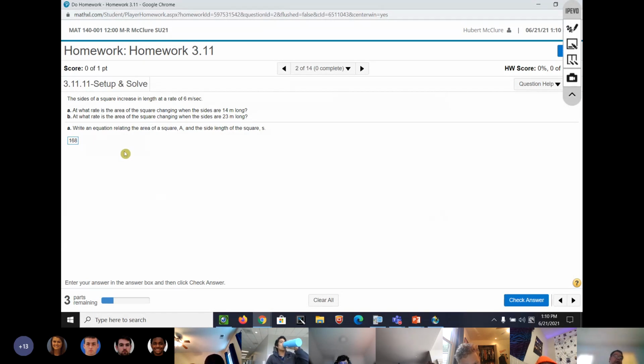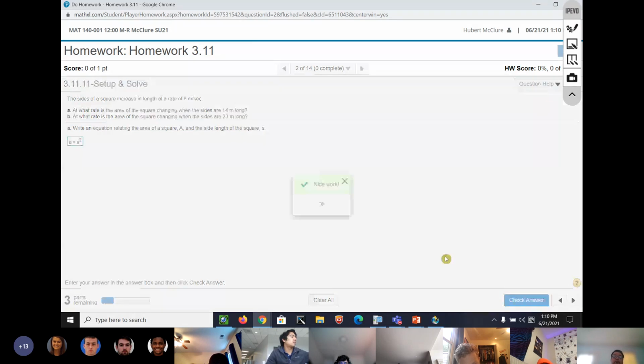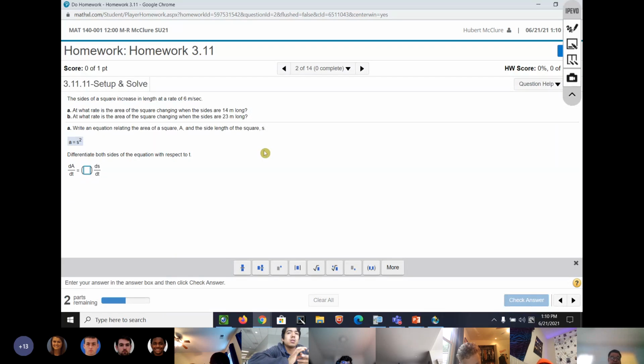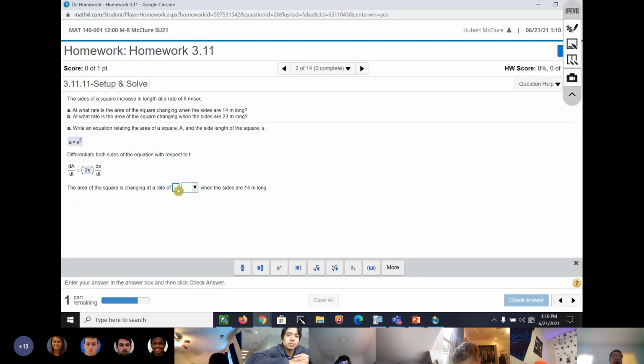Oh, write an equation of the area of the square. Oh gosh, hold on. A is equal to S squared. And that's going to be 2S. I didn't know they were going to ask all this. I thought they just wanted the area of the square changing at, well, I guess 168.